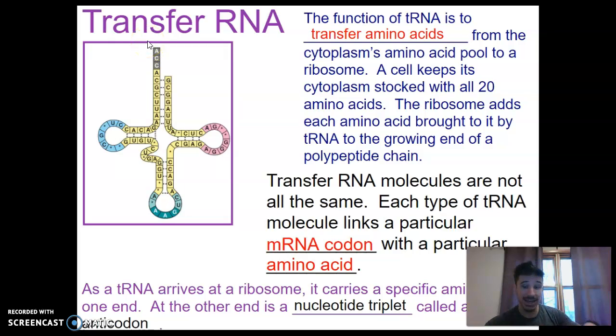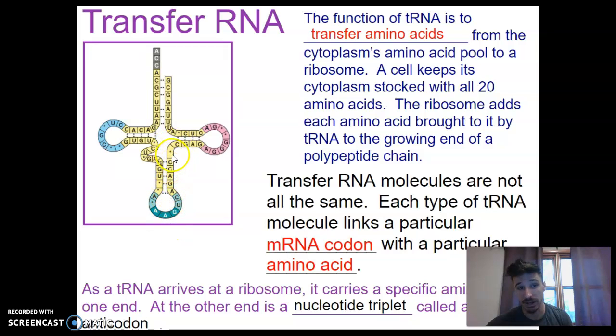So DNA and mRNA have codons. tRNA has anticodons. This AAG right here at the bottom of this loop, at the bottommost loop, that's the anticodon. This is going to complement the codon found in the mRNA. All right, so the mRNA's complement to this would be UUC.